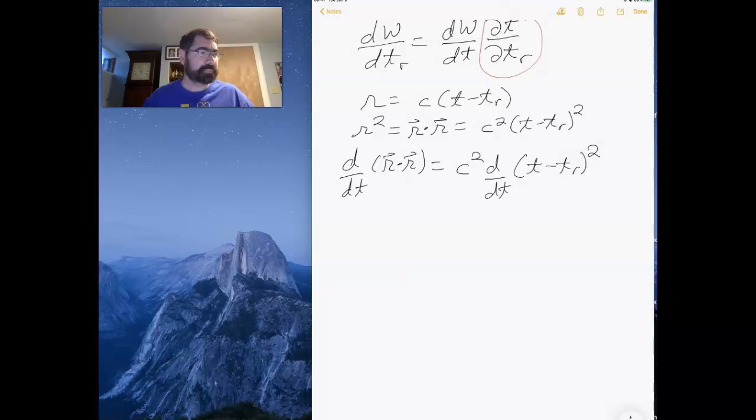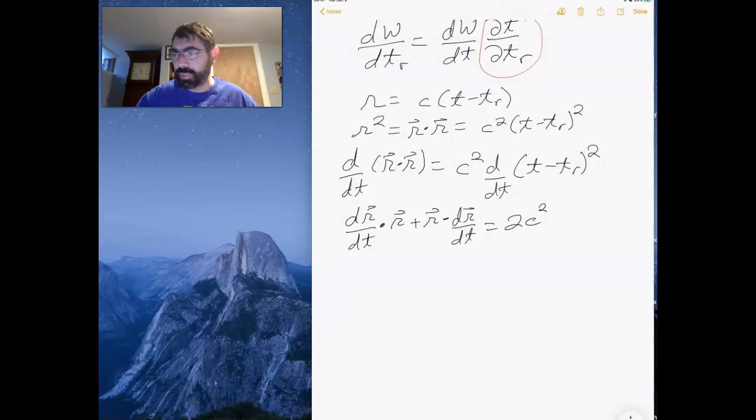If I keep the dot product rather than calling this r squared, I have to apply the derivative through the chain rule. So I would get dr/dt dot r plus r dot dr/dt, which is equal to 2c squared (t minus t_r) times this partial derivative, 1 minus dt_r/dt. Sorry, it's getting a little messy.